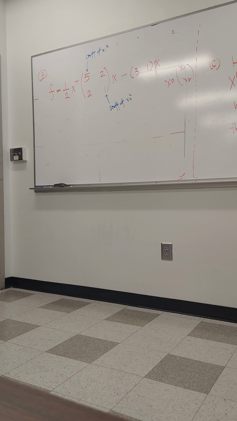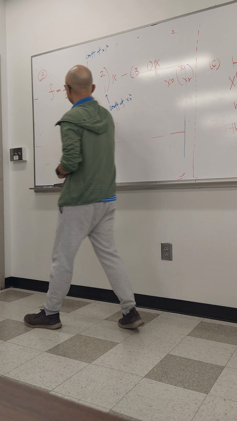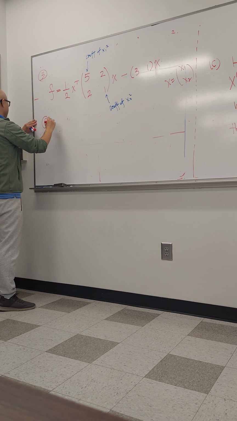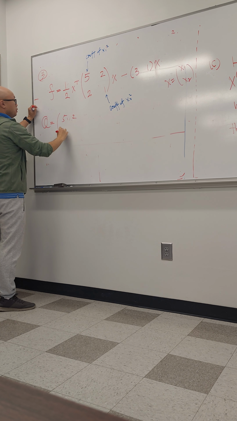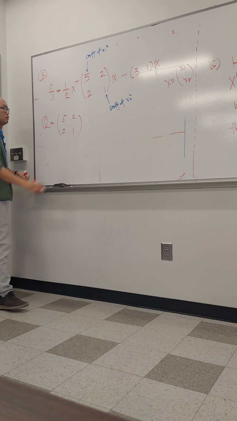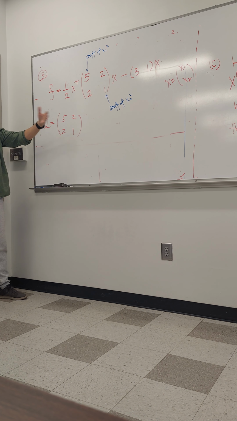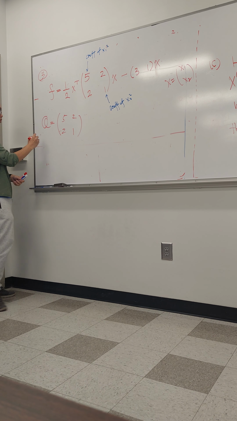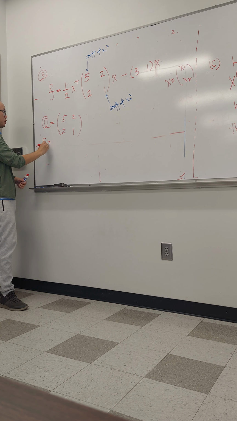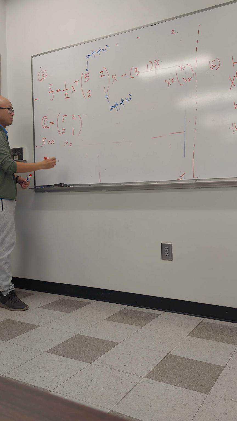So let's make sure Q is SPD again. This is our Q, so Q is 5, 2, 2, 1. We can apply the second derivative test. Its diagonal entries are greater than 0: 5 and 1.